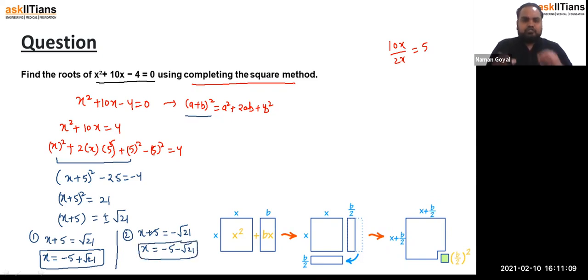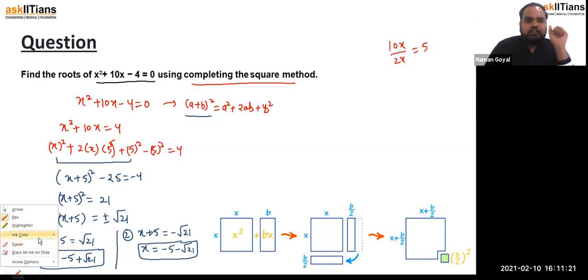Especially in this type of question, we have to use the completing the square method, because this type of question cannot be done by using the concept of middle term splitting. Why? This quadratic equation is given.